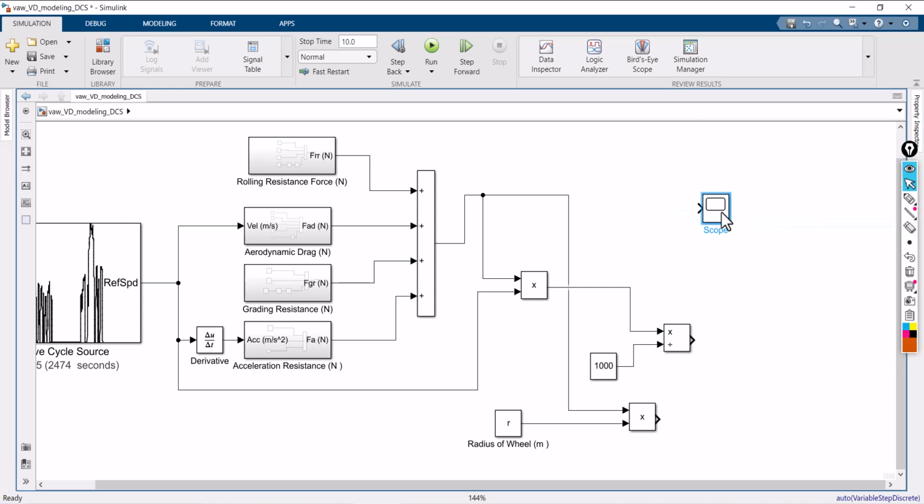We take a scope. For clear visualization, I'm changing the background of scope.